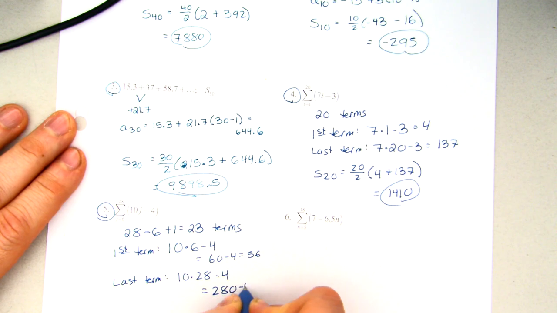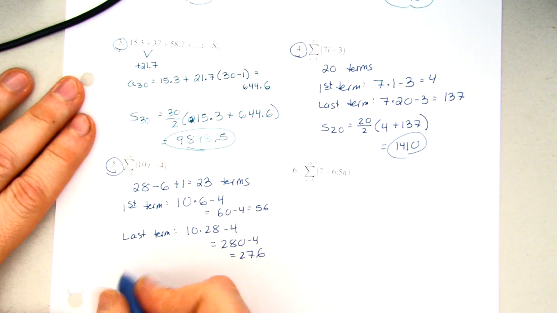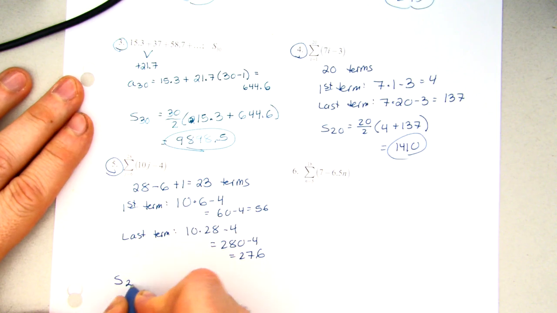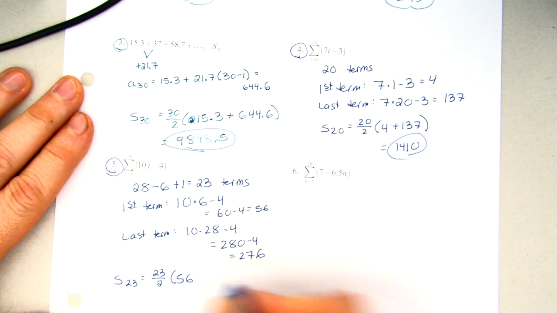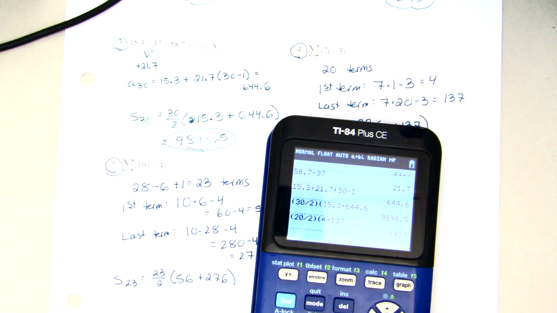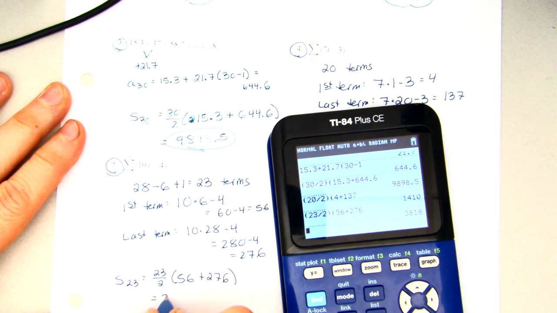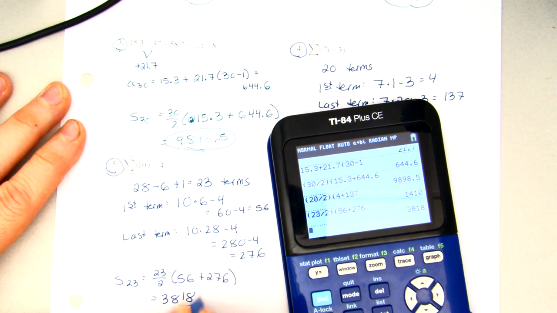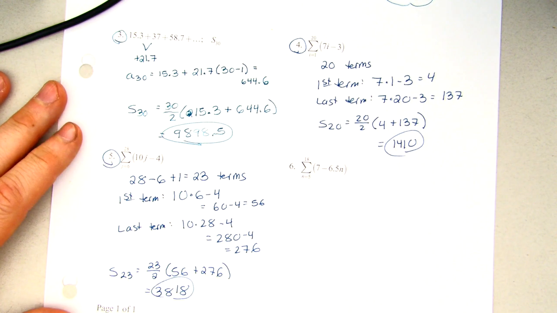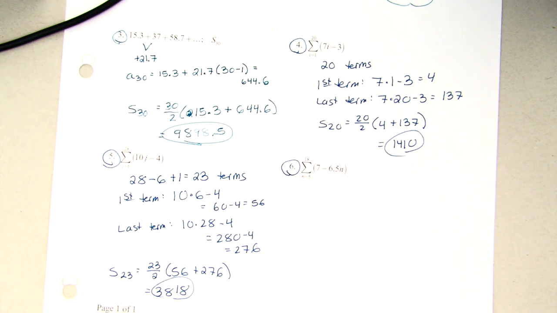That's 280 minus 4, that's 276. So, S sub 23 will be 23 over 2 times 56 plus 276. And that's going to give me 3,818. Last one, number 6.